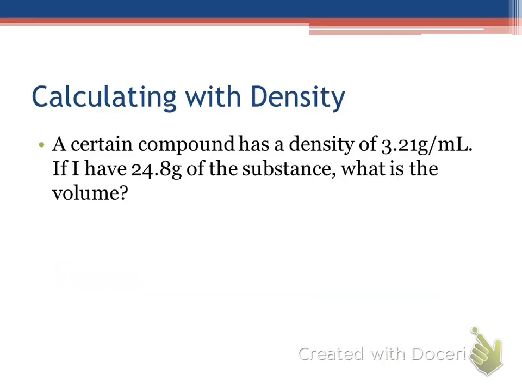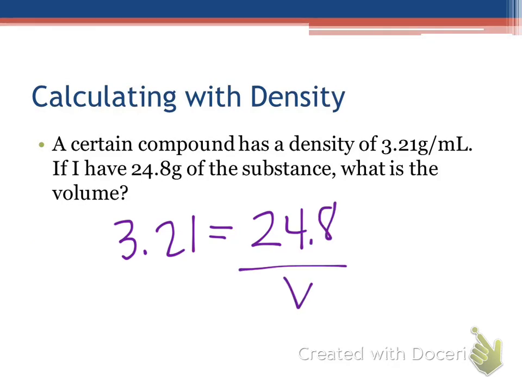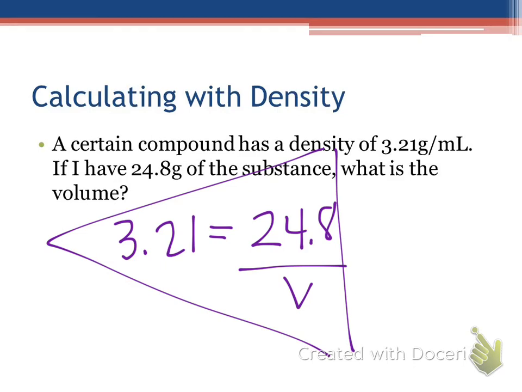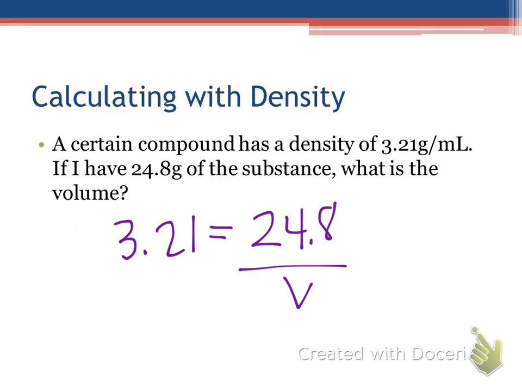We were at 3.21 equals 24.8 over v. Here's the shortcut. In this triangle type equation, we're going to see a couple different types like this. They're probably not called triangle equations, but that's what I call them. In this type of equation, if the variable you're solving for is on the bottom, we're going to switch these two places.